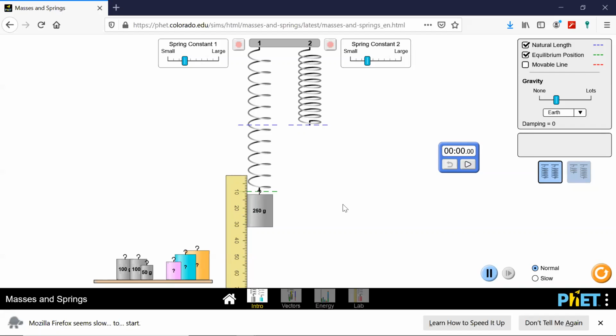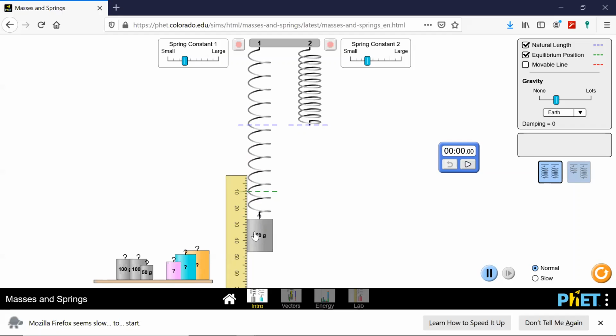But it doesn't really matter, that doesn't change the physics. For this first part, the equilibrium position is at the level of the hook. So if I want to move it 15 centimeters, it's going to be about here.